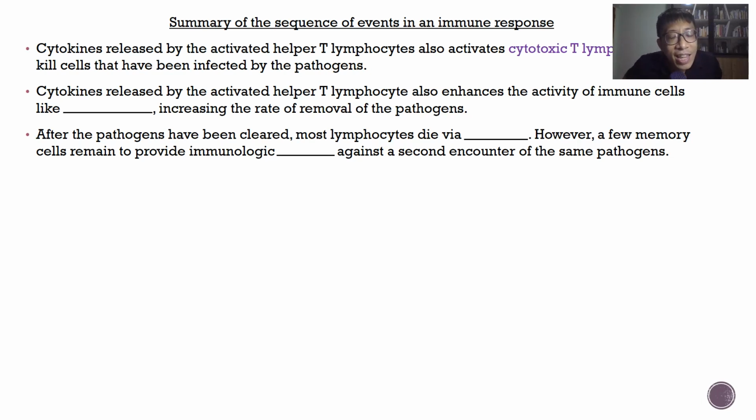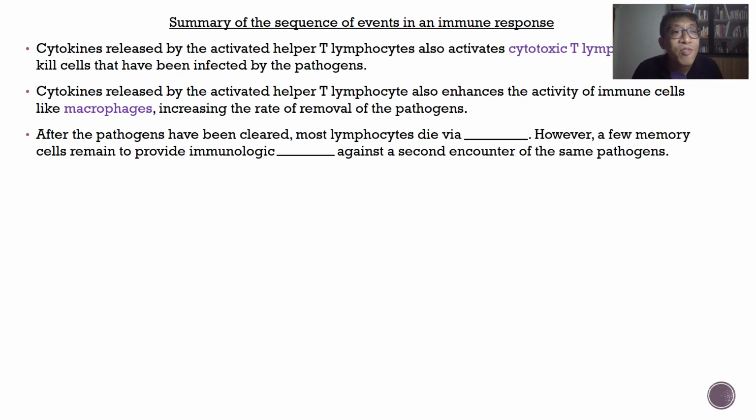Okay, and these cytokines also enhance the activity of other immune cells like macrophages. So macrophages are innate cells, cells of the innate immune system, they are always active, right? They don't need to be activated, but their activity can be increased by the cytokines.